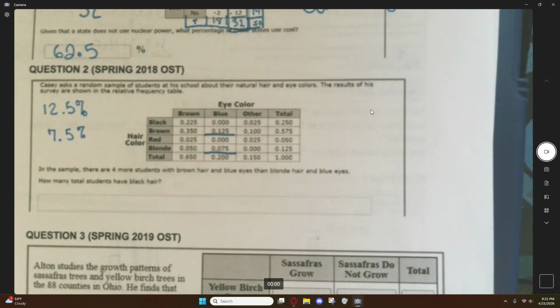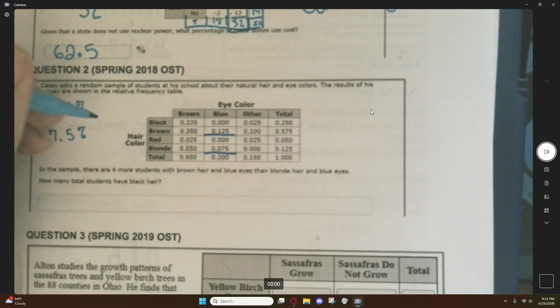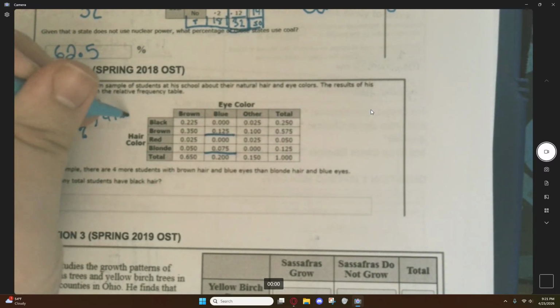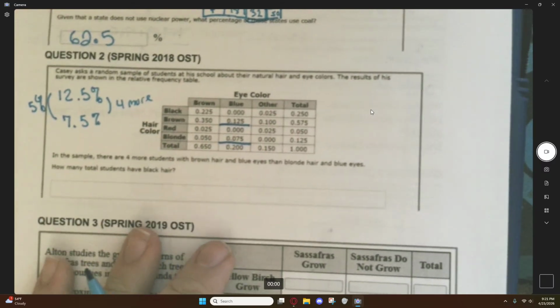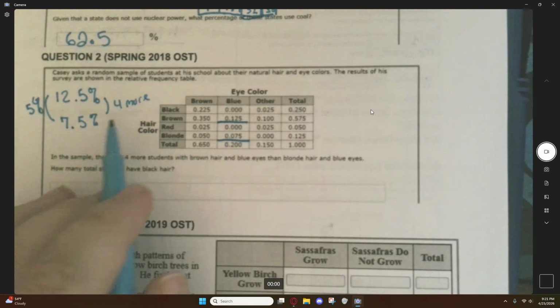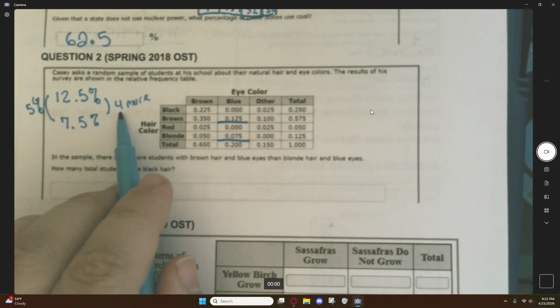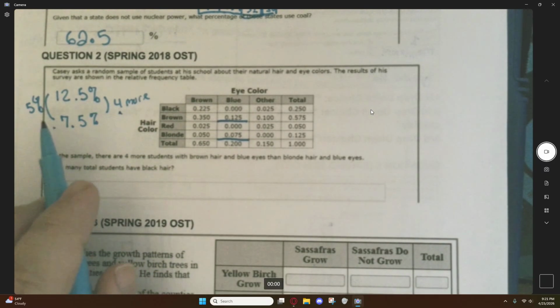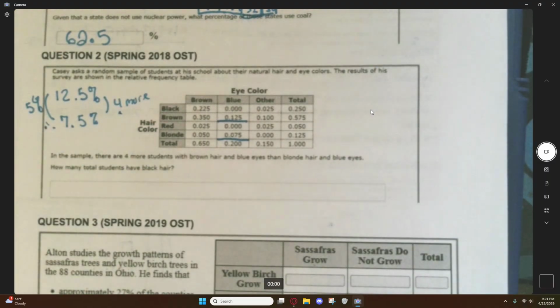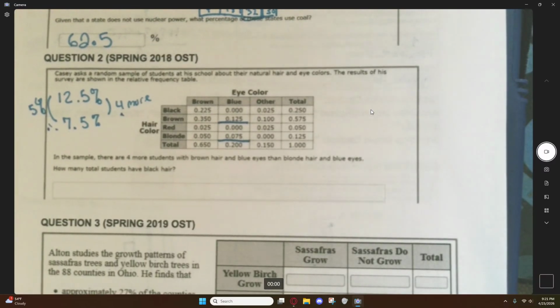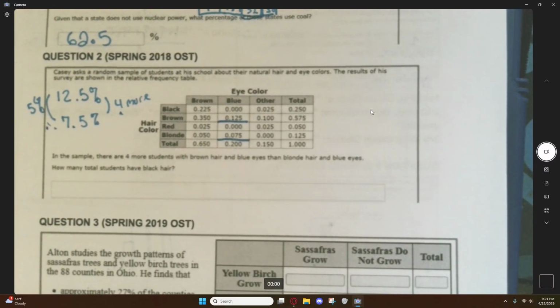So what does that tell me? It says that the difference between these two is 5%. So that means that 4 people make up 5% of the data. With that, we can actually find out how many total people took the survey.